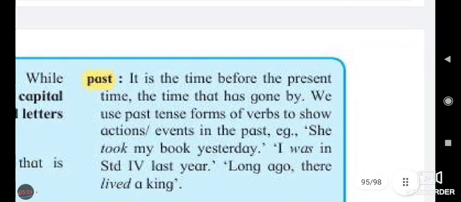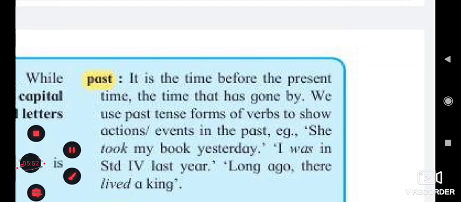Next is past. It is the time before the present time, the time that has gone by. We use the past tense form of the verb to show actions and events in the past. For example, she took my book yesterday.